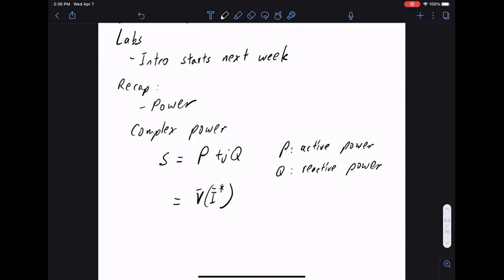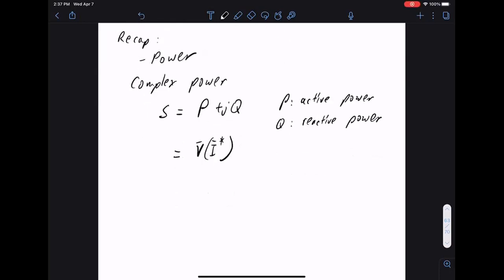So the math works out this way for the complex power equation. Most of the time, our calculations boil down to computing the voltage, computing the current, doing this multiplication, and then figuring out the real and imaginary parts of the complex power.